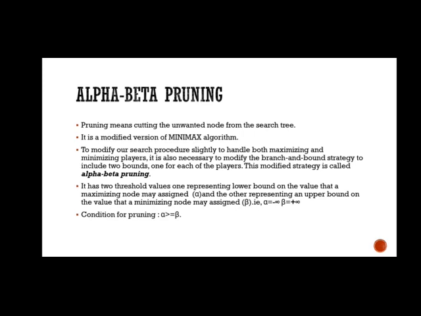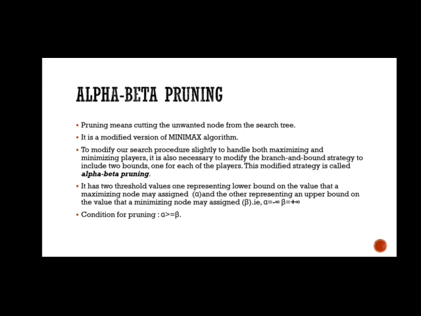Instead we are able to prune some paths that are not necessary. We have two parameters, also called threshold values, alpha and beta. Alpha indicates the maximum value and beta indicates the minimum value.